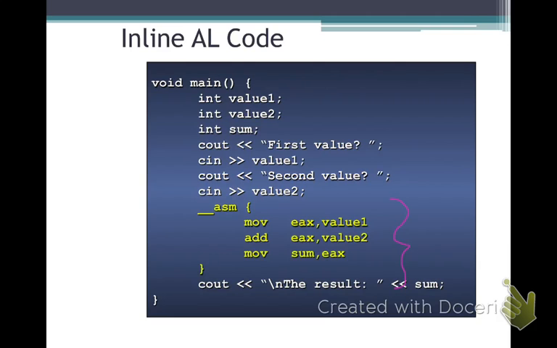You'll note that there's a block of code, and it is prefaced by __ASM. That tells the compiler that the following block is going to be in assembly language. So if I do __ASM, block of code, then I can insert what I need inline directly in the high-level code.